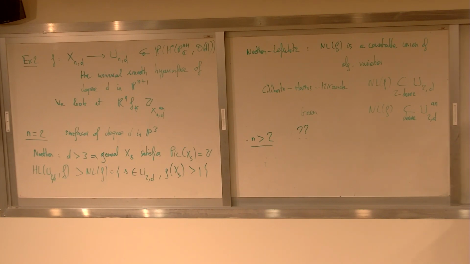So let me write this. This is a union of special subvarieties of positive period dimension. You said, sorry. Yes. In general, the map is an immersion, no? Yeah.